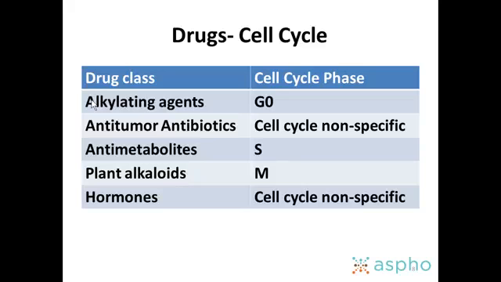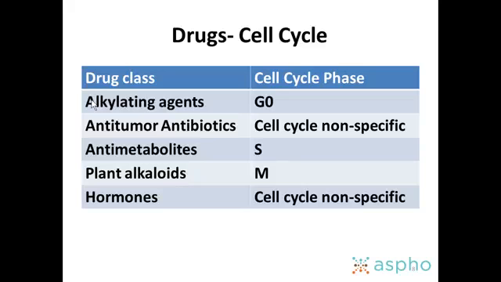And so based on these cell cycles, anti-metabolites, because they're incorporated into DNA during replication, act almost exclusively during the S phase. If you get a question related to that and you know the mechanism of the drug, that should be the answer.